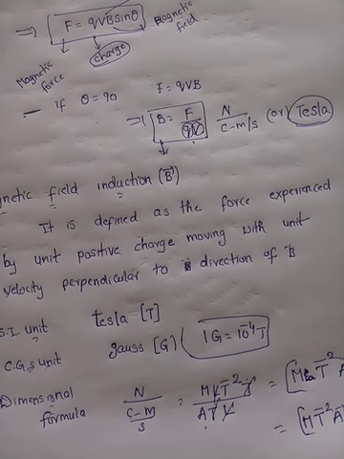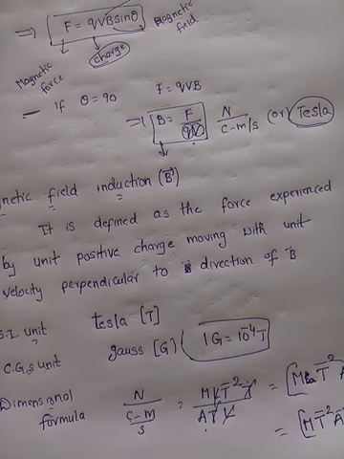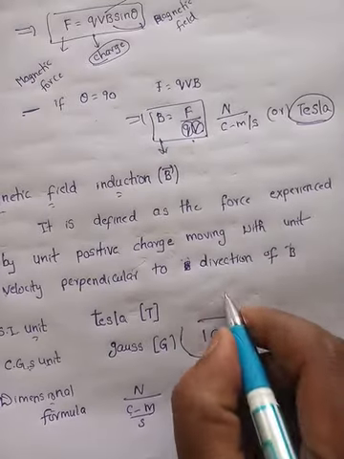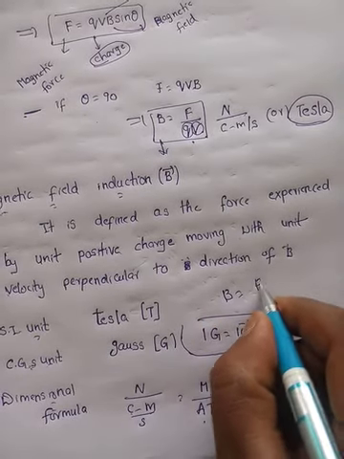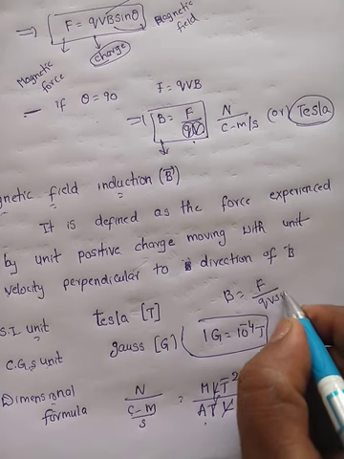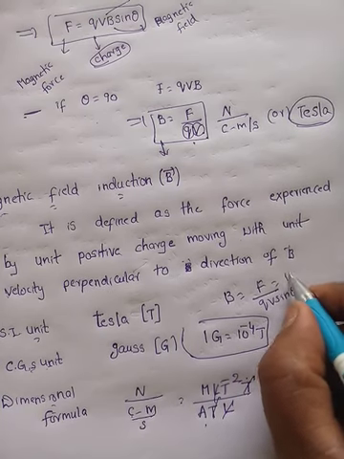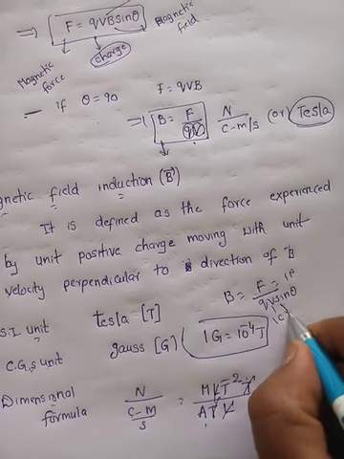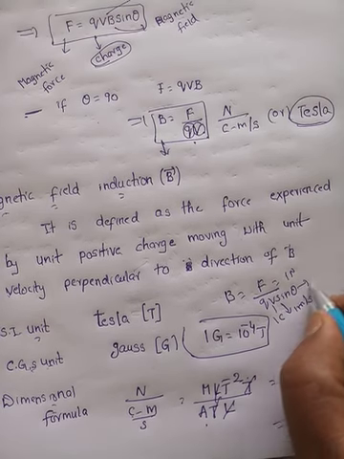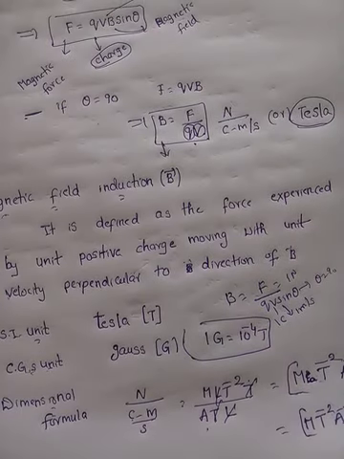So finally we have to define Tesla. How to define Tesla? B is equal to F by QV sin theta. So F should be 1, Q should be 1 coulomb, velocity should be 1 meter per second, and theta should be 90.